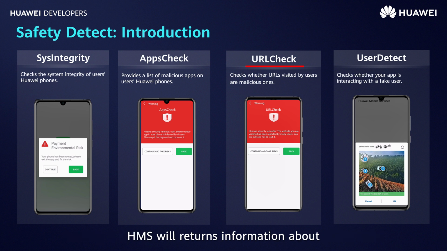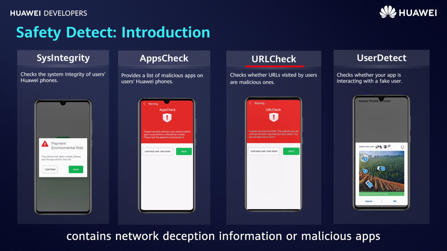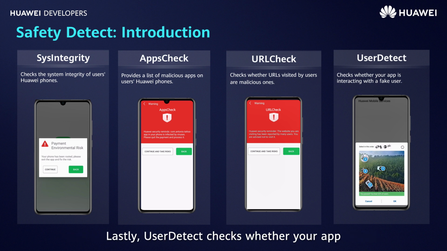HMS will return information about whether these third-party URLs contain network deception information or malicious apps. Lastly, UserDetect checks whether your app is interacting with a fake user, for example, a robot or a crawler.